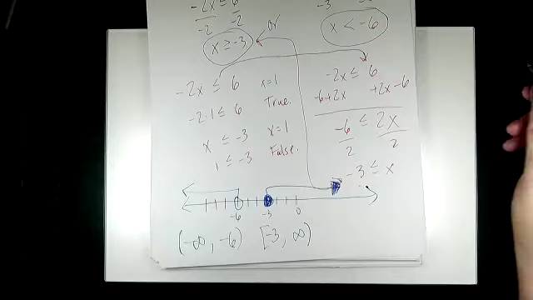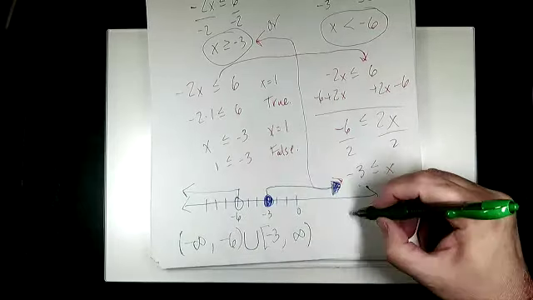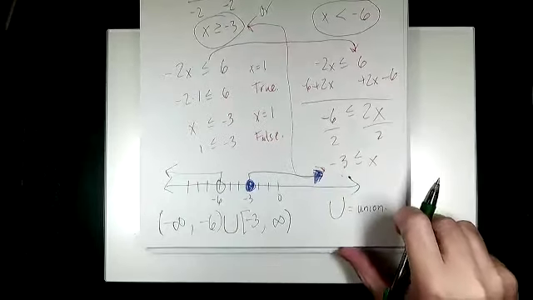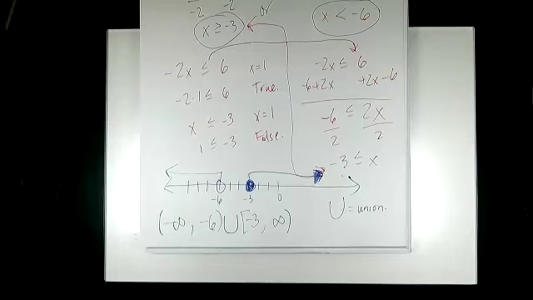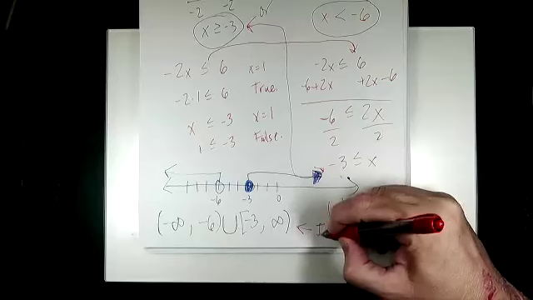When we have more than one region, we use the union sign, which is a fat wide U. So this is interval notation for that setup.